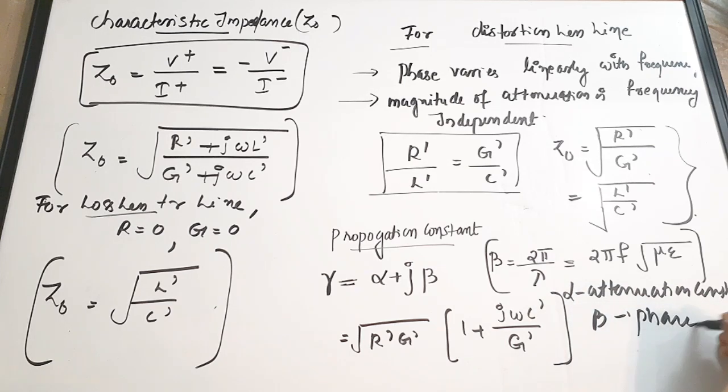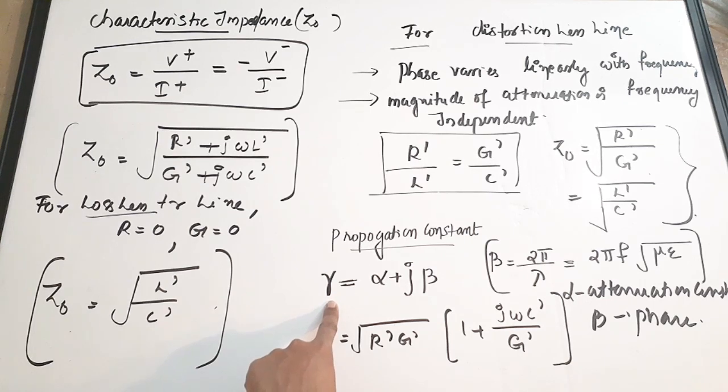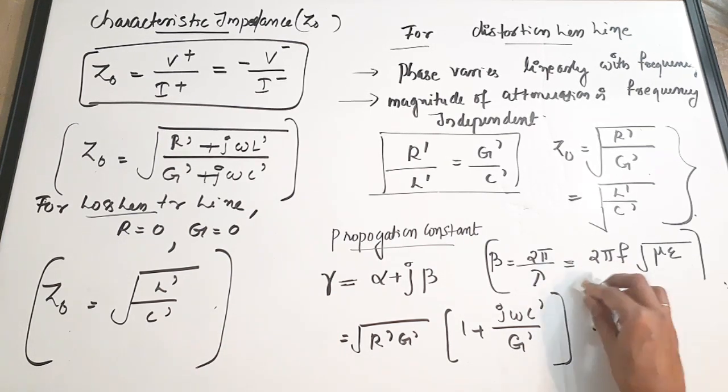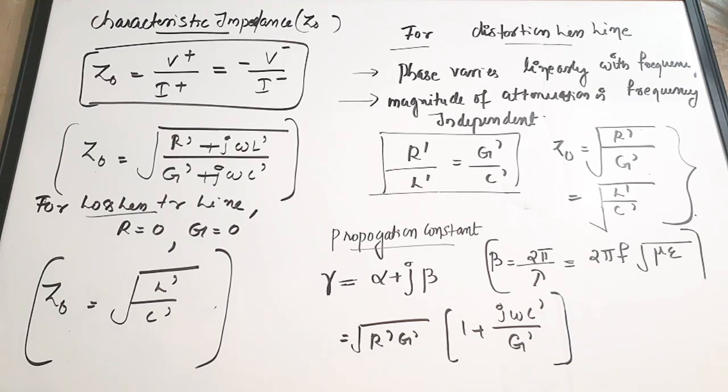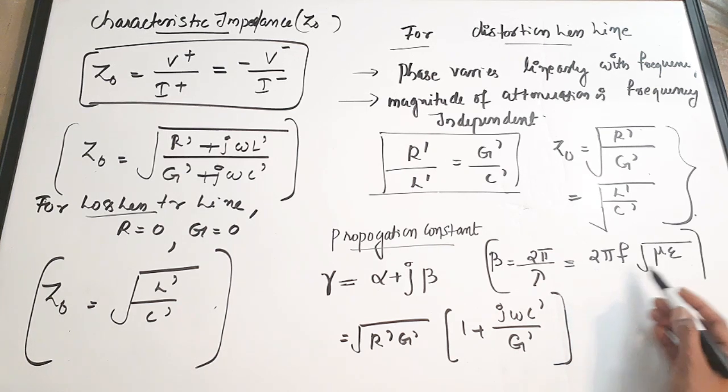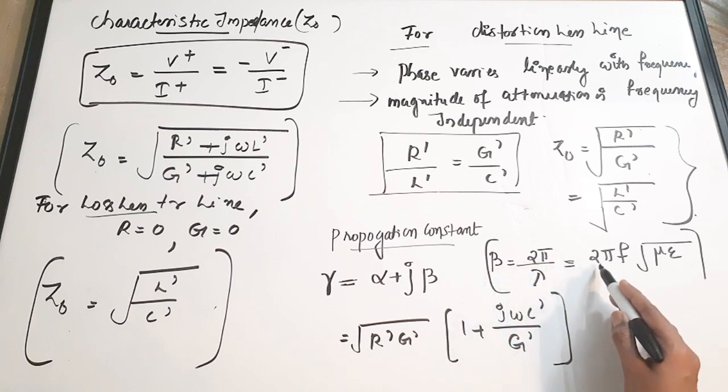So these are the two terms, alpha and beta, present in the propagation constant gamma. You can find beta by using the relation beta is equal to 2 pi by lambda, where lambda is the wavelength, or in terms of frequency and the permeability and permittivity, beta is equal to 2 pi f square root of mu epsilon.